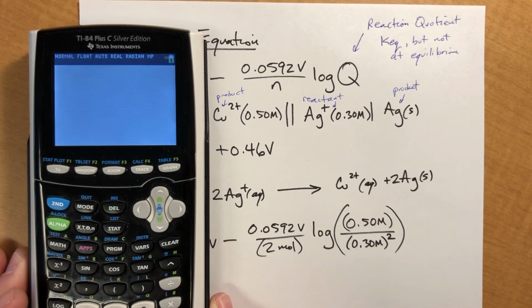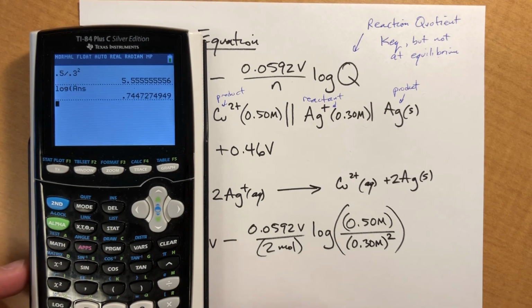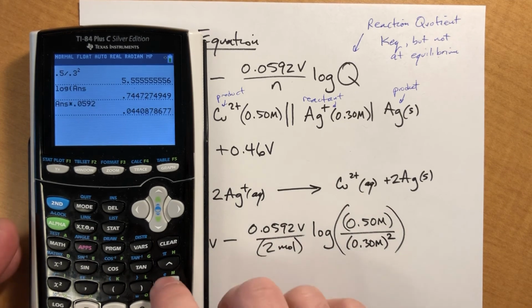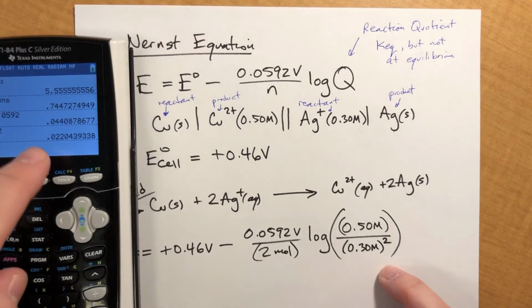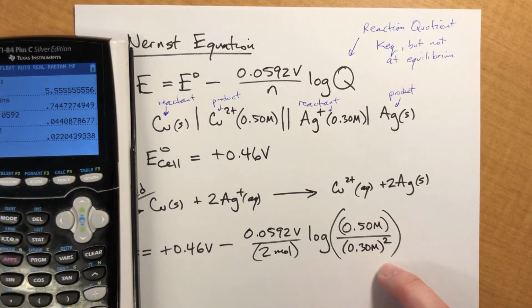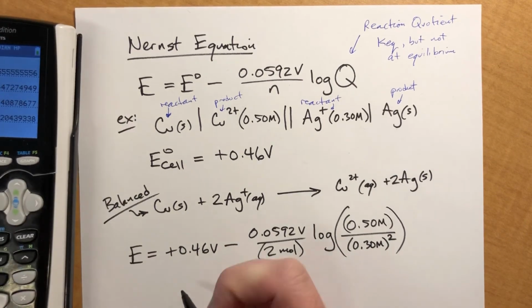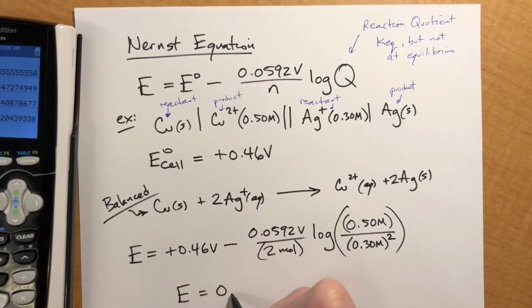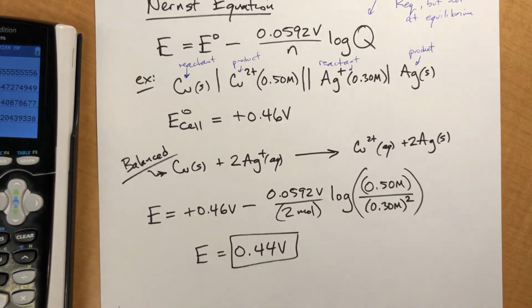Hit equals, and I'm going to take the log of that. Hit equals, times 0.0592 divided by 2. All of this only comes out to 0.022, which means when you take 0.46 minus 0.02, you get a value of 0.44, which means it's pretty close to what we started with.